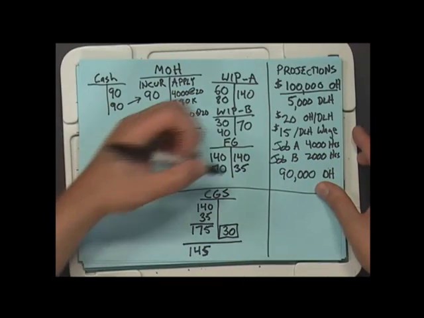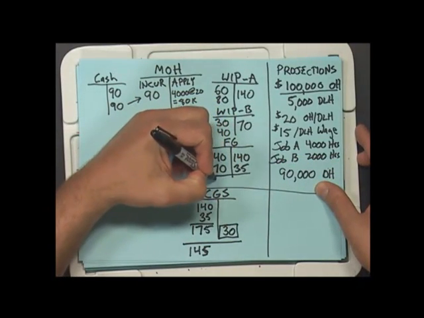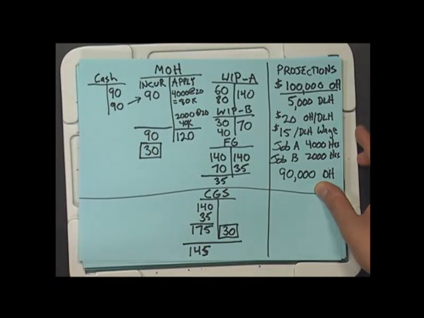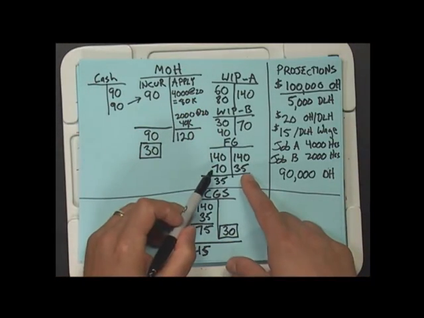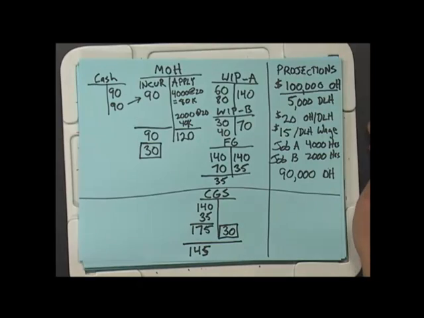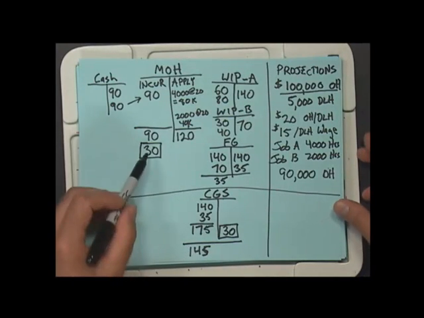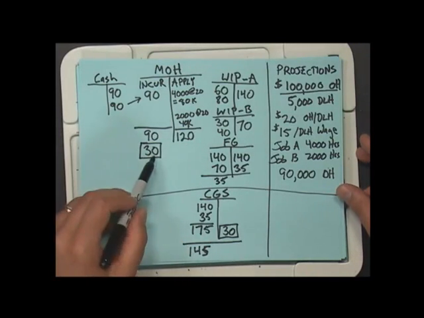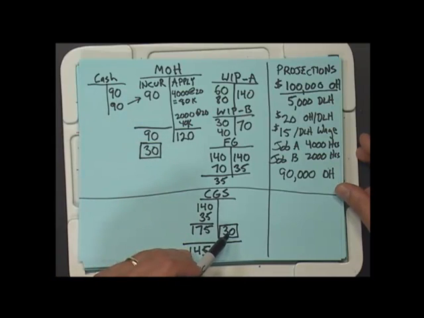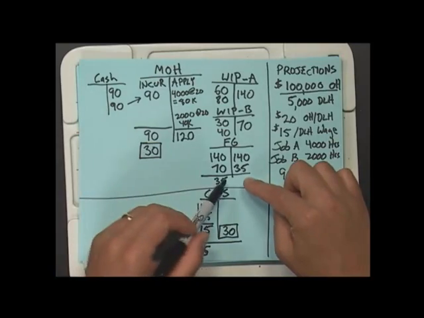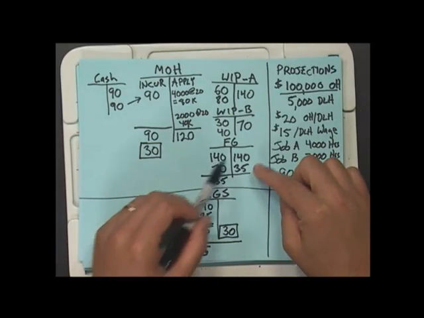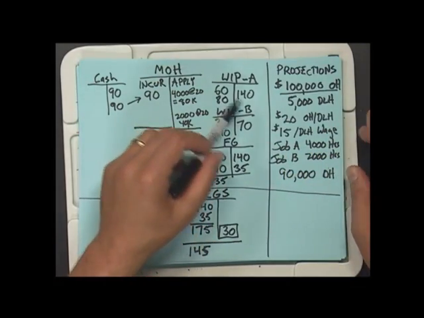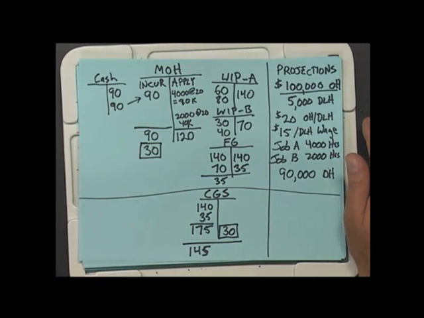If you add this account up, you can see that we've got $35,000 still sitting in there because we haven't sold half of job B. But in this course, we make the complete adjustment to cost of goods sold. We don't try to say, oh, well, we're going to adjust the other inventory accounts as well a little bit.